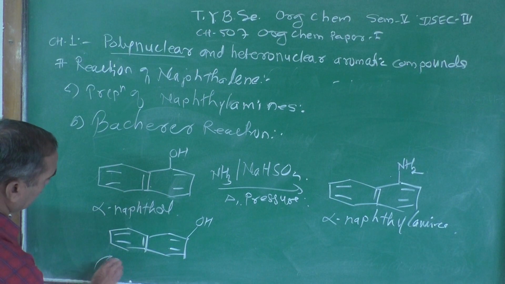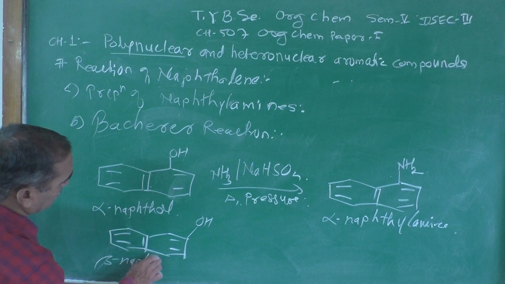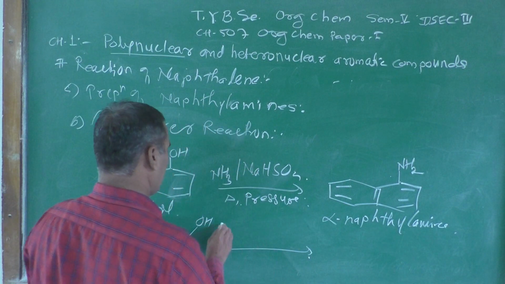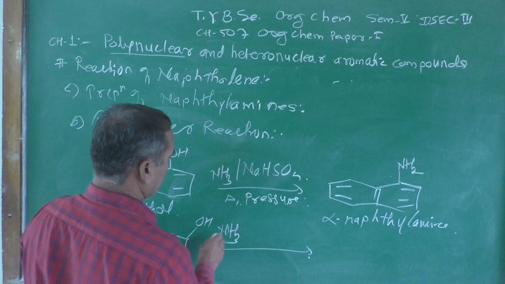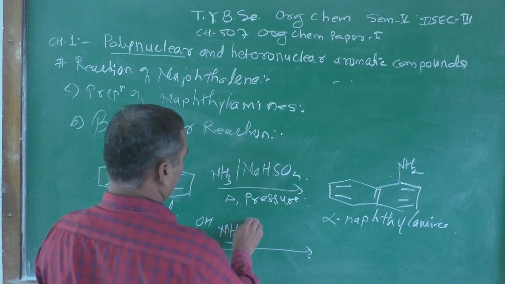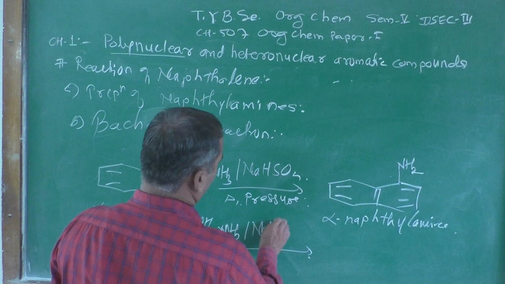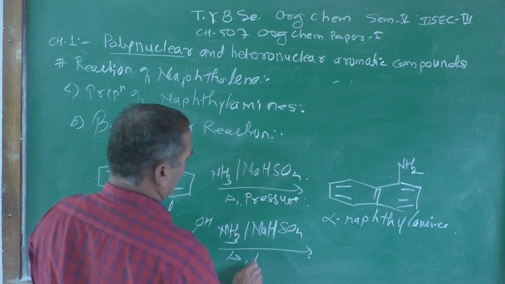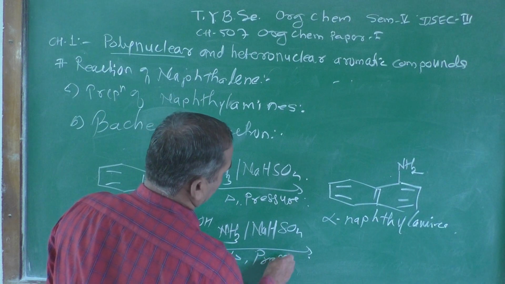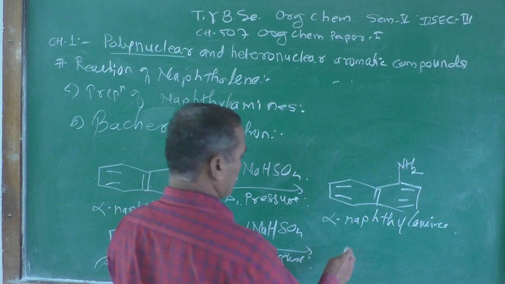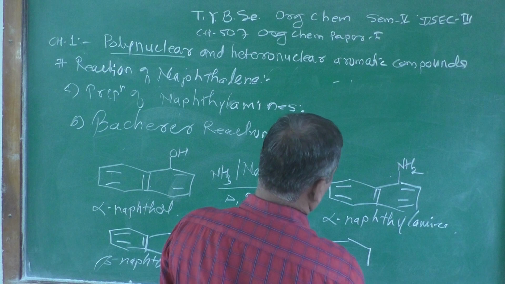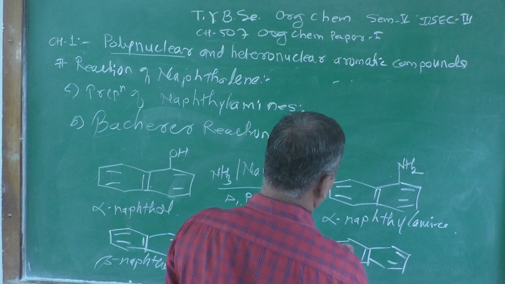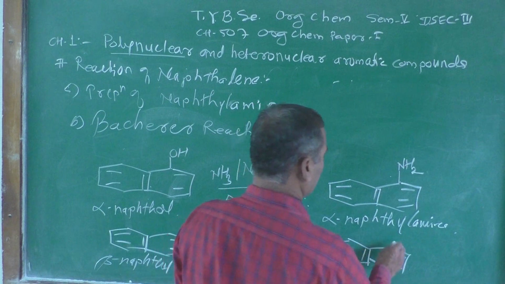This is beta naphthol, and when it is treated with the same reagent, that is ammonia, NH3, in the presence of sodium bisulfite, heated at high pressure, the resulting compound obtained will be this one. You can observe this structure carefully.